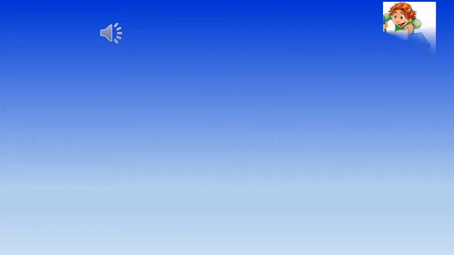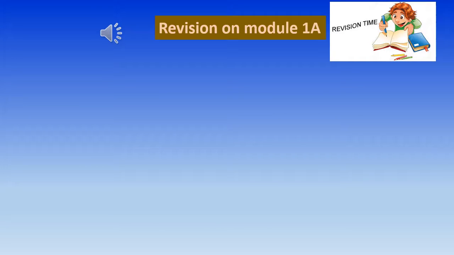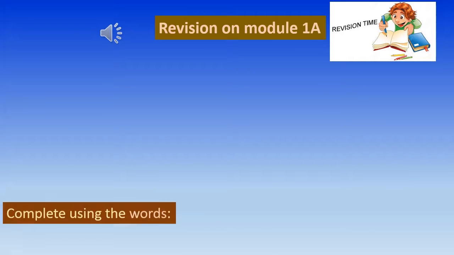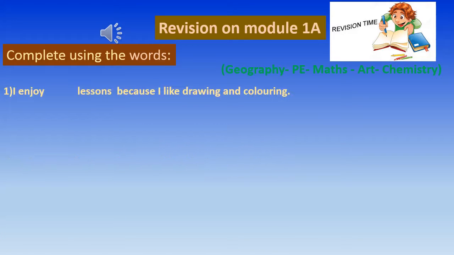And now, my students, I'm going to give you a small revision about module 1A. Complete using the words geography, PE, math, art, and chemistry. I'm going to read for you the sentences, then check the answers with you. Number 1. I enjoy lessons because I like drawing and coloring. Number 2.